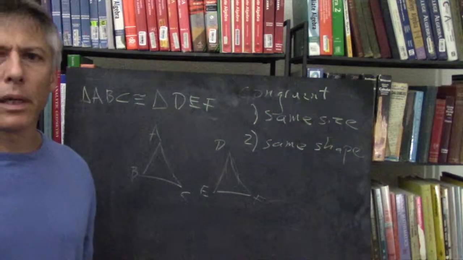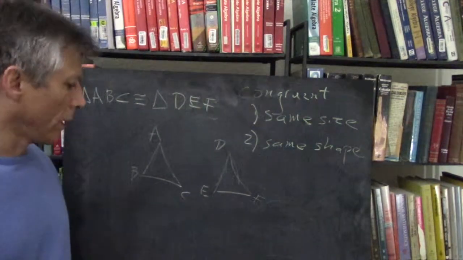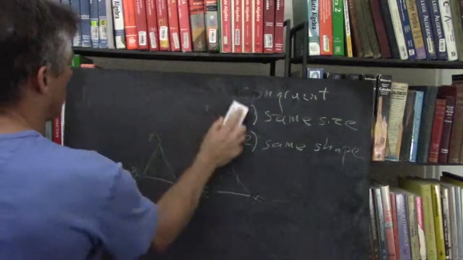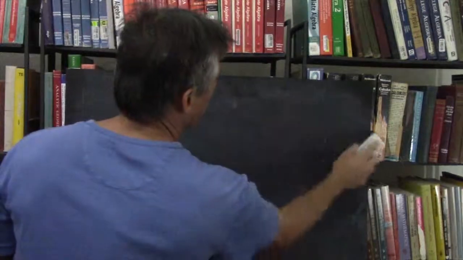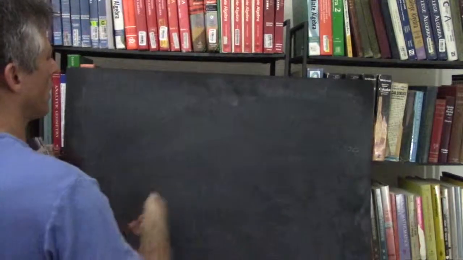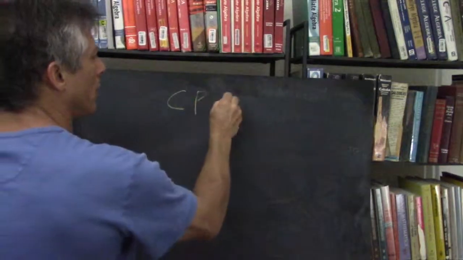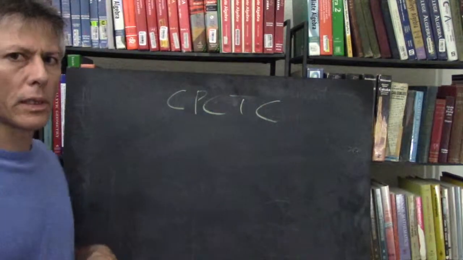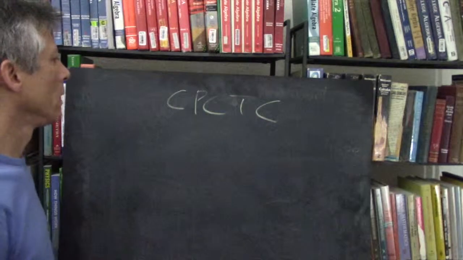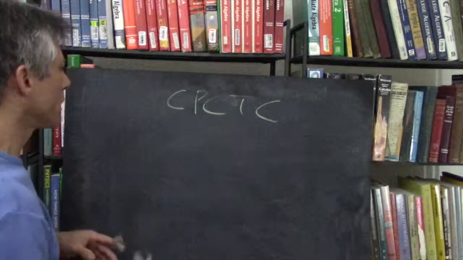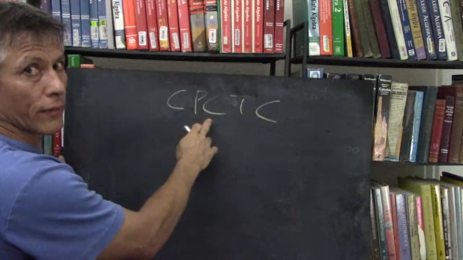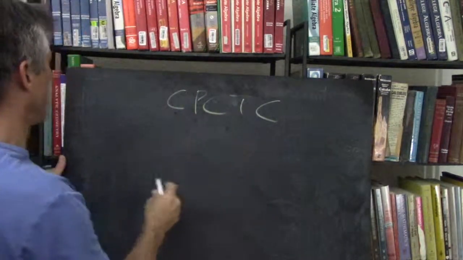And because of that, we have something called, let me write this down. CPCTC. We're going to be using that in proofs a lot, so make sure you memorize that, write it down, put it on flashcards. This means corresponding parts of congruent triangles are congruent.